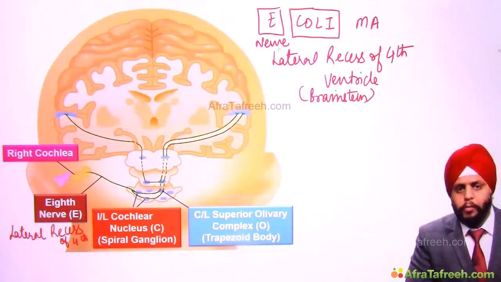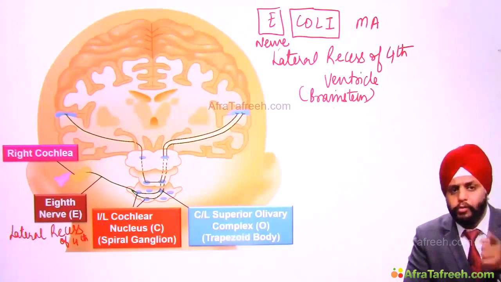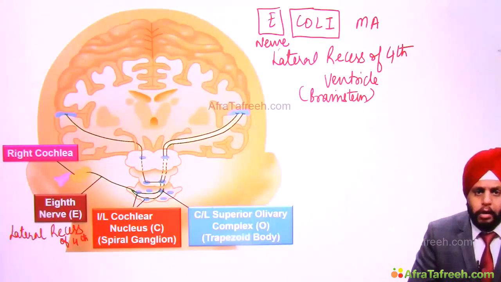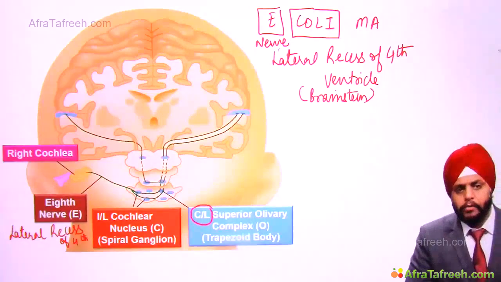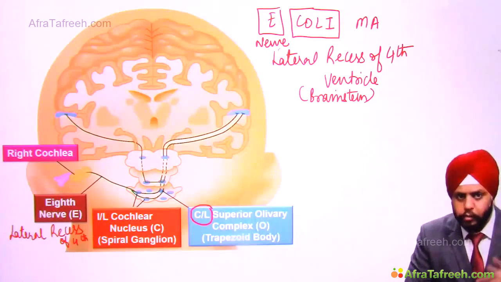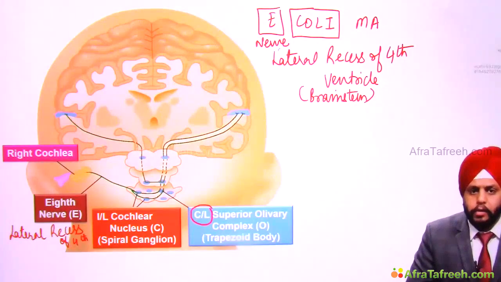O is superior olivary complex. Now remember, O is also for opposite. So now the sound has gone to the contralateral side. There is a crossover of sound. So if this question is asked, that the crossover of sound takes place at, your answer is superior olivary complex.